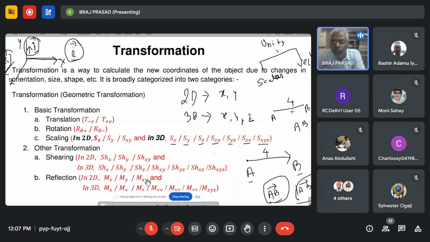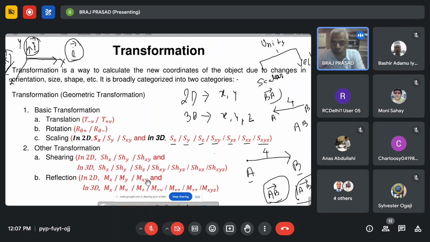And this segment has two different directions. If A is initial, then that direction is AB. But if the initial point is B and end point is A, then the direction will be BA, and this vector will be denoted by B to A. The first point denotes the initial and the second point denotes the end point.